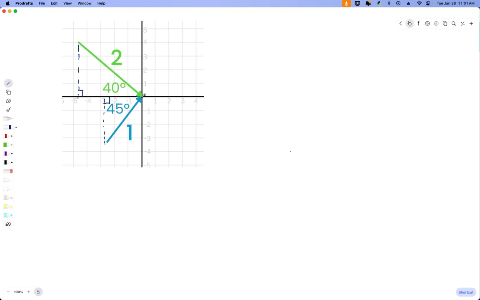It's not about where the origin is on the Cartesian coordinate system. It's about where it's pulling it from. And it's pulling it from here, going down and to the right.